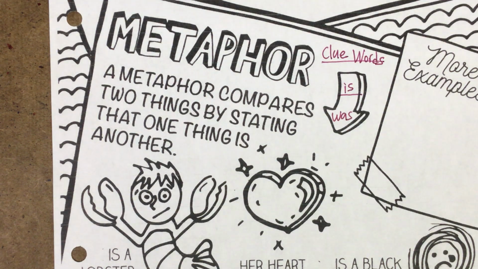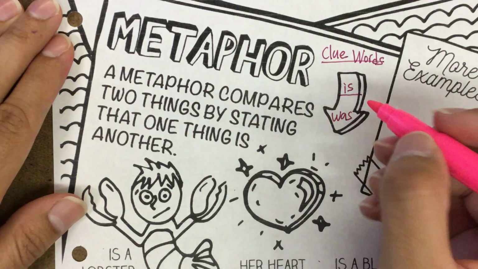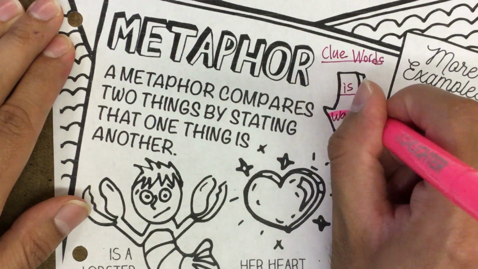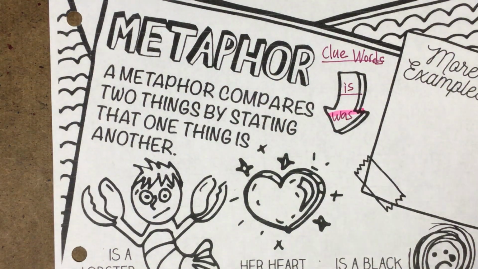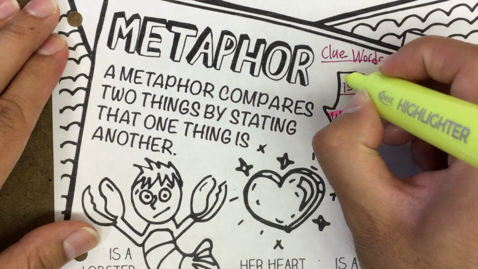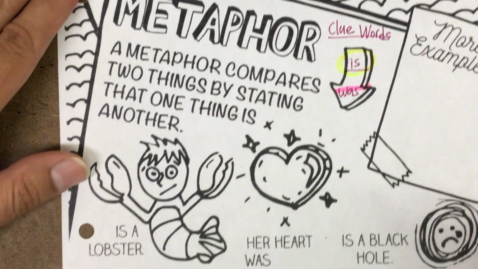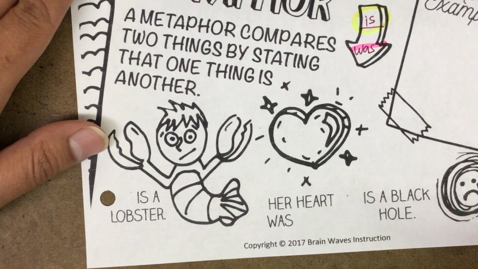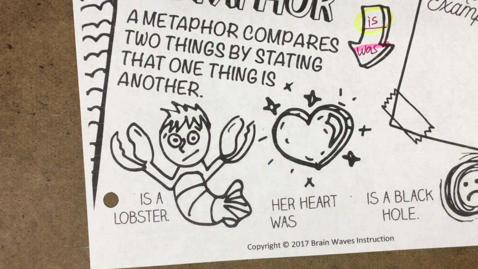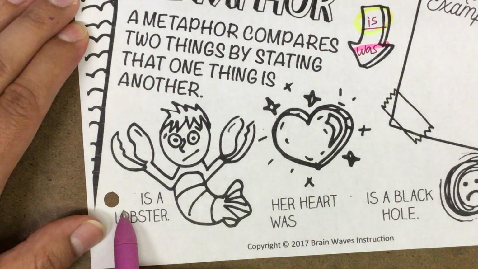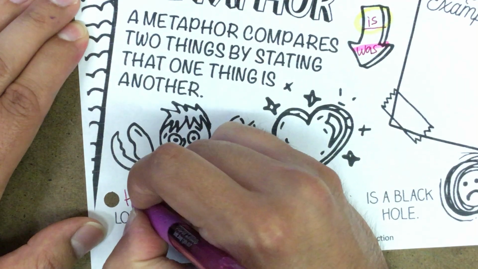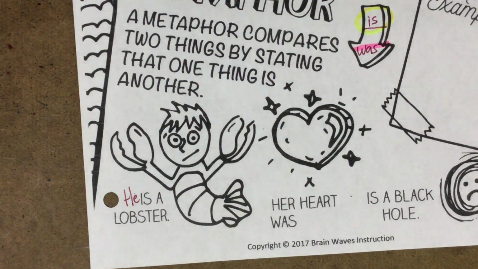So I want you to get your highlighter. I want you to highlight the word was with your pink highlighter and the word is with your yellow highlighter. And I did this so it doesn't smudge like it did on the previous one. Let's look at our examples. So metaphors compare two things by stating that one thing is another. He is a lobster.